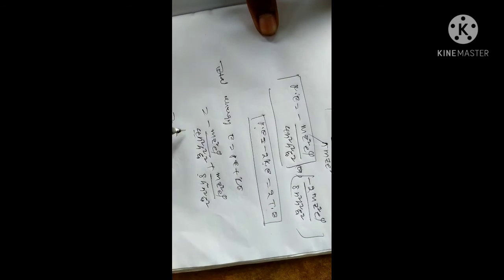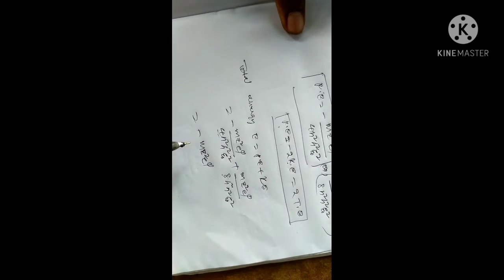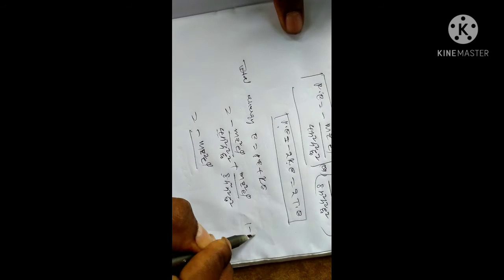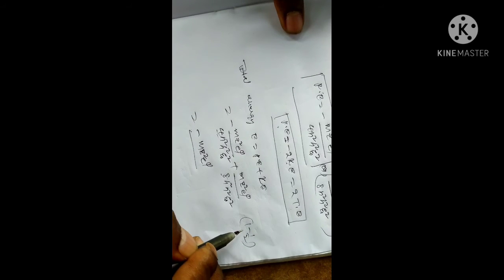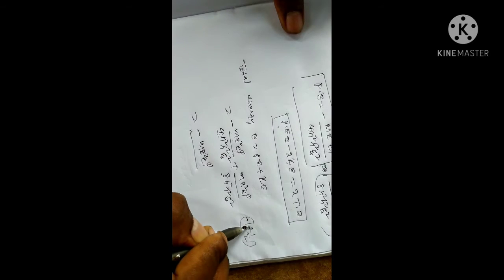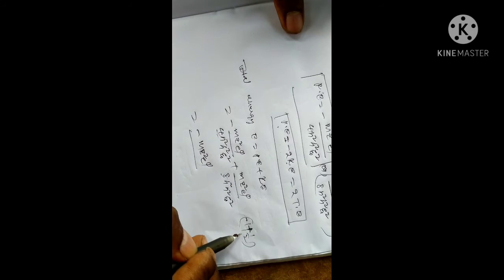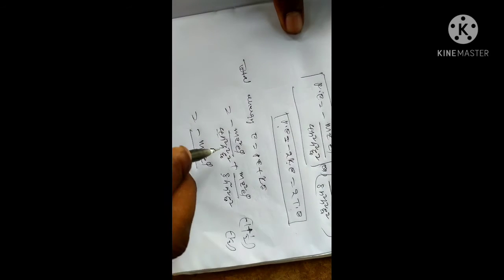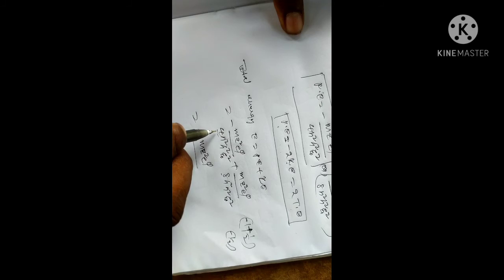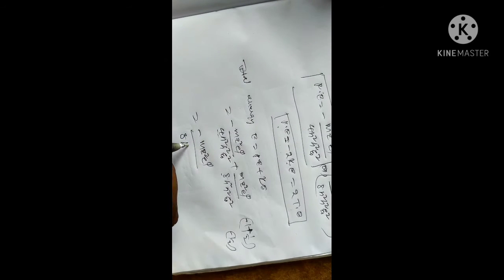Total energy is equal to minus m Z square e to the power of 4 common, times 1 minus 1 by 2. That is, minus 1 plus 1 by 2, which gives minus half. So with the 4 times 2 being 8, the total energy is minus m Z square e to the power of 4 divided by 8 h square n square epsilon naught square.